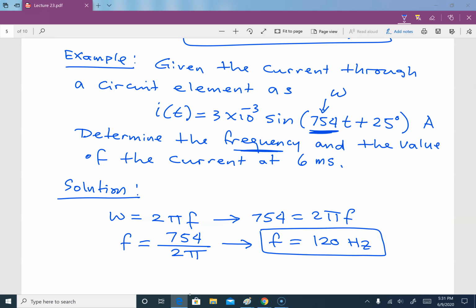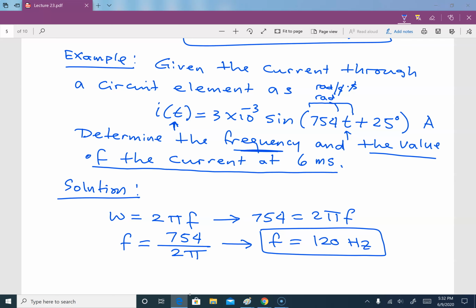Now we are asked to find the value of the current at 6 milliseconds. Please pay attention here. I can insert 6 milliseconds for this t. But look at this: this value is in radians per second times seconds, so we end up with radians for the whole term, and this here is in degrees.